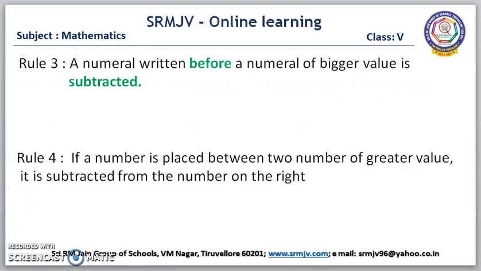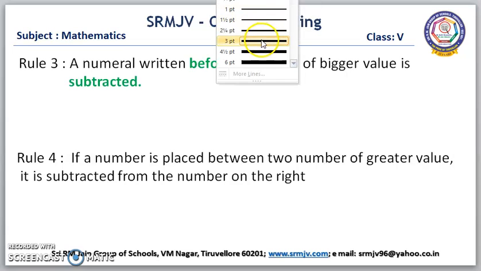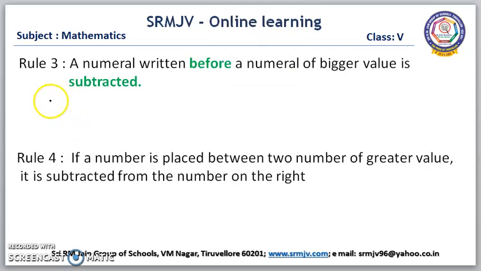The next rule is a numeral which is written before a numeral of bigger value is subtracted. Let us see one example. IV, a numeral written before a numeral of bigger value is subtracted.